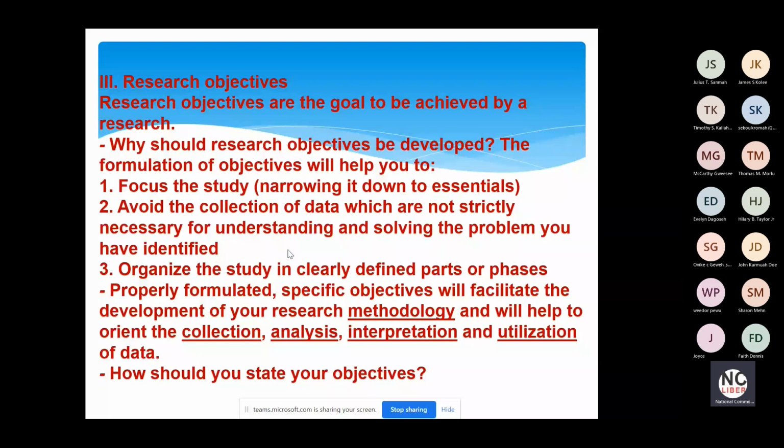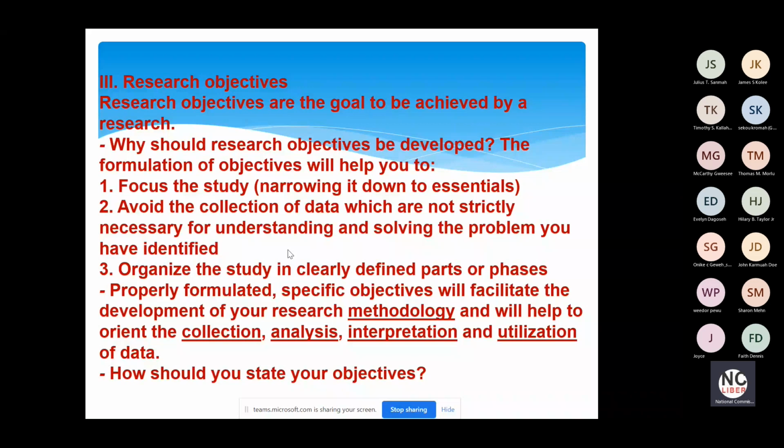Like I said, you can even define the parts of your study, and then you can properly set your specific objectives. It will also help you decide which methods you're going to use, how you collect your data, how your data will be analyzed, then the interpretation and the data use. So we say that it is very important for you to do that.